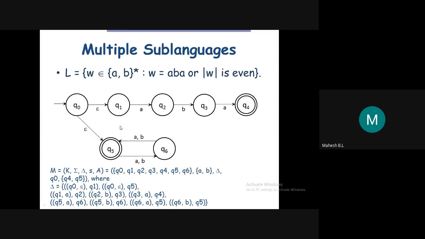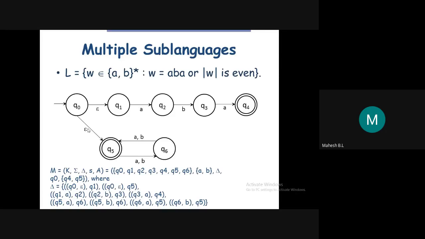I hope this example is clear to you. Without consuming any symbol, you can make a transition to Q1 as well as Q5. You make a transition to Q1 when W happens to be ABA. You make a transition to Q5 when W turns out to be of even length.